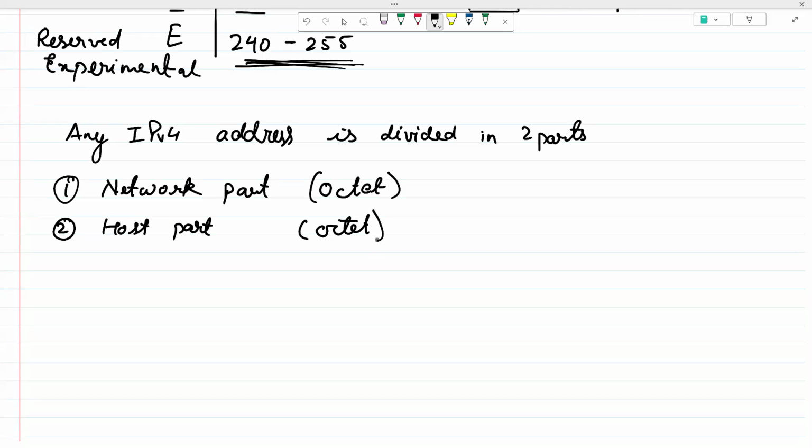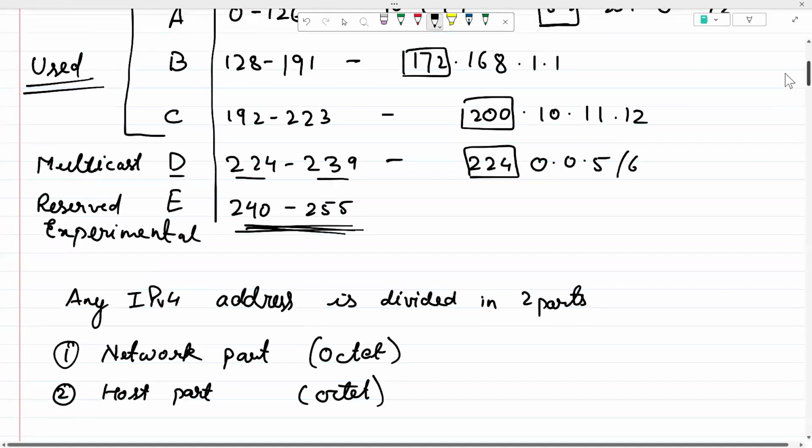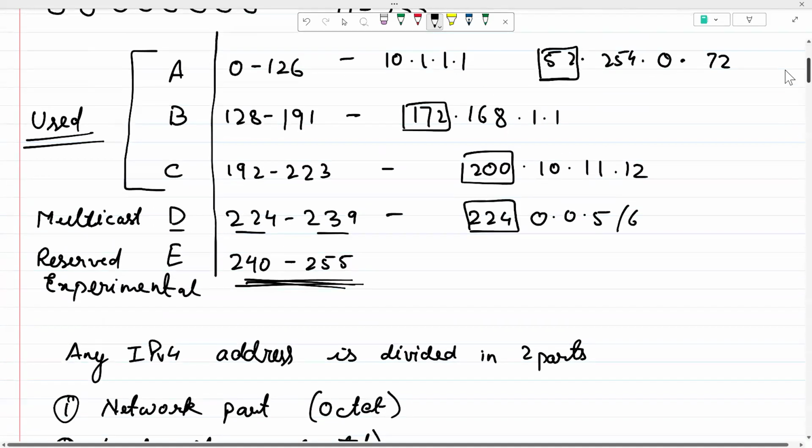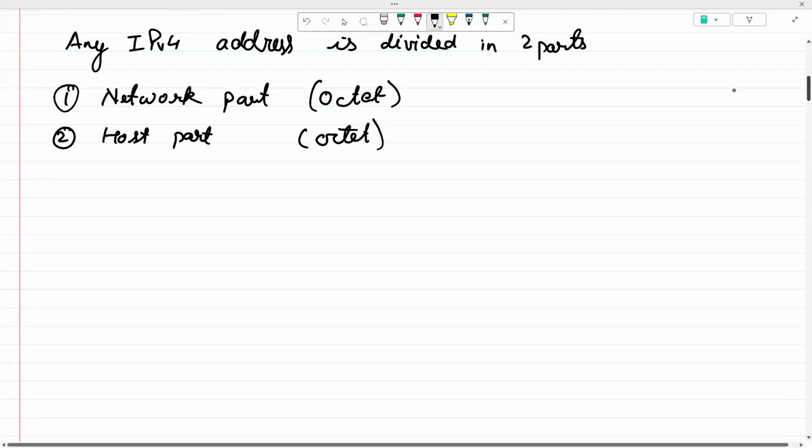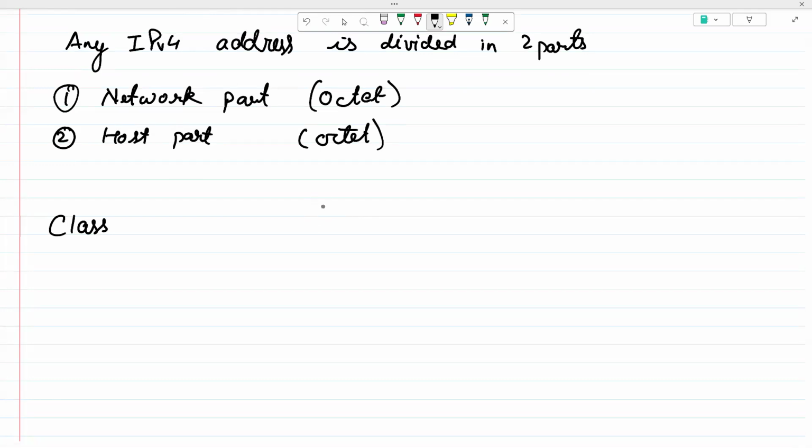Each of these classes, class A, class B, and class C, has different network octets and different host octets. We know that there are 4 octets in an IP address. Let me write these as the first octet, second octet, third, and fourth.